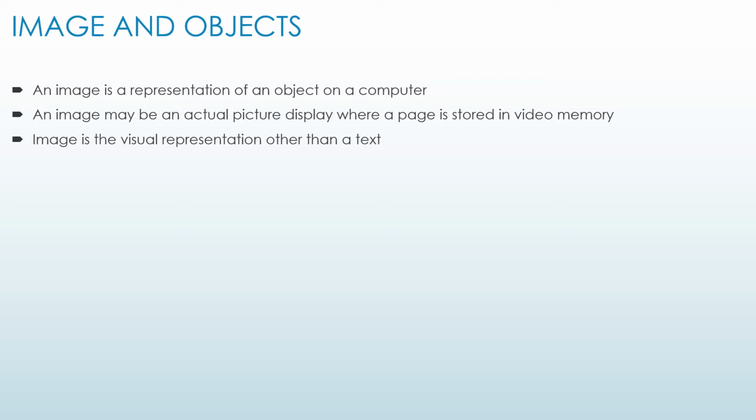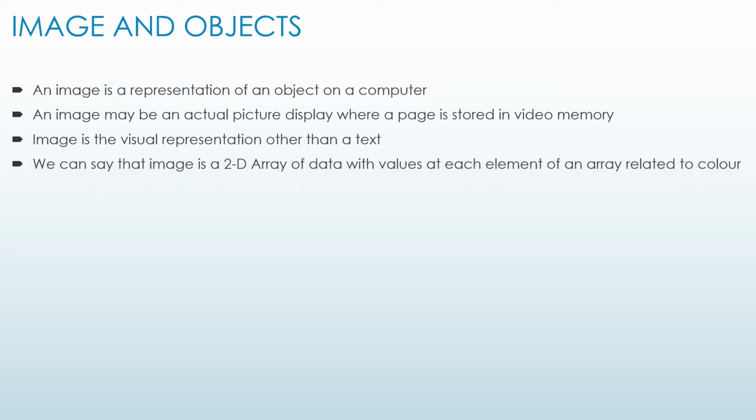So what is an image here? An image is a picture, or it is pixels. A collection of pixels makes an image. That becomes an image. And here we can say that an image is 2D data, a 2D array, two-dimensional, which has a number of rows and columns. So we can say it is an array of data with values, and each element of the array is related to different colors.